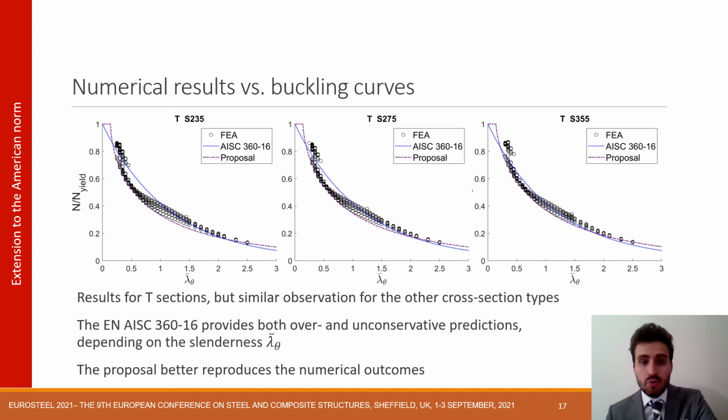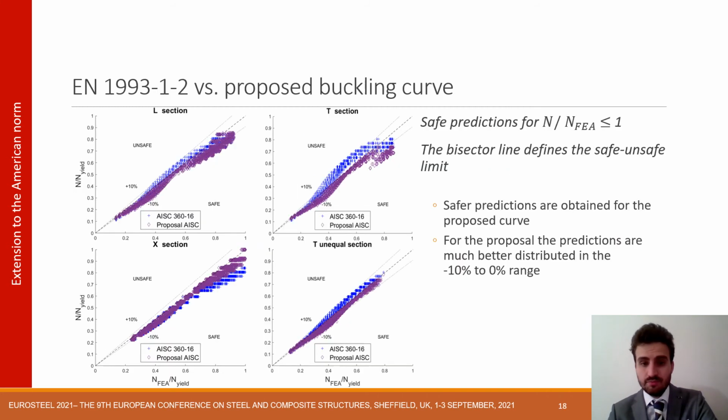So the proposed modified curve instead, as you may see, much better reproduces the numerical results. Again, in these figures, we show that safer predictions that are much better distributed in the -10 to 0 range are obtained with the modified curve.